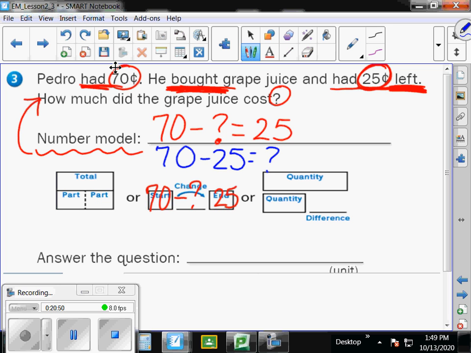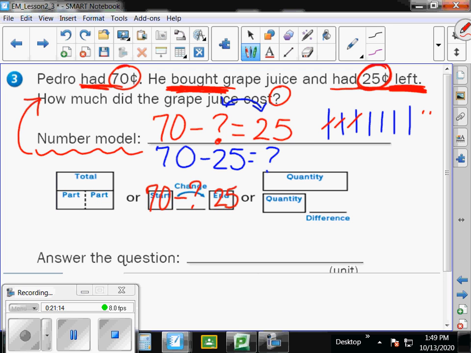In a subtraction problem, you're allowed to switch these numbers around. You just can't switch this big number that's in front of the subtraction symbol. Okay? But again, subtraction, I can either draw my base 10 blocks, 10, 20, 30, 40, 50, 60, 70, and take away 25. 10, 20. Oops, I don't have any ones.